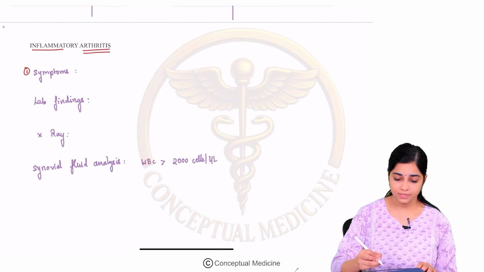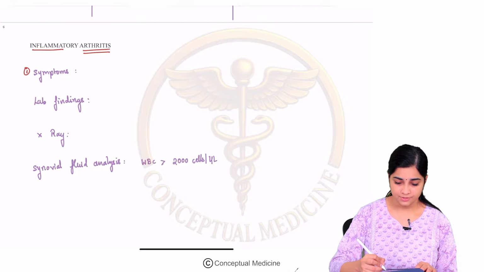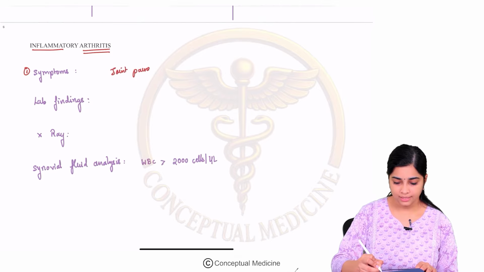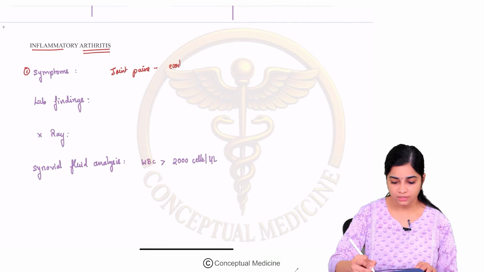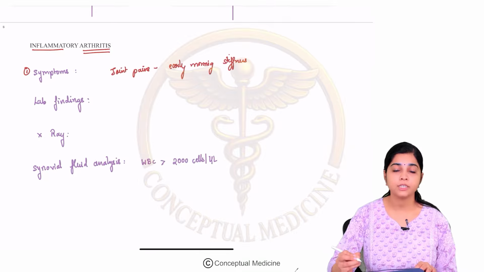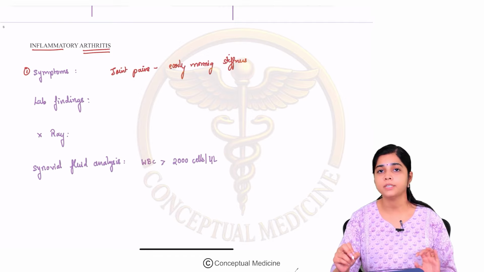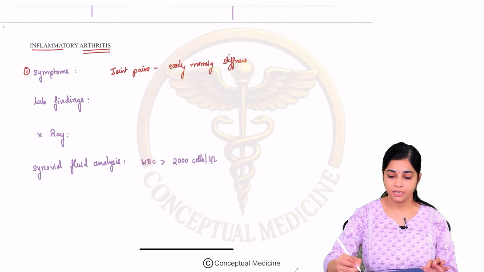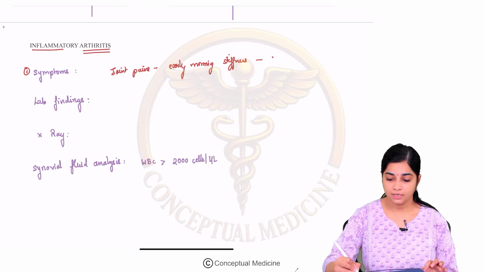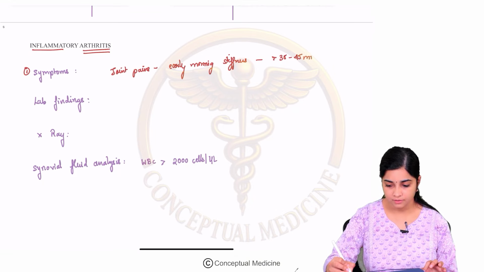Inflammatory arthritis has certain characteristic features. The joint pains predominantly have an early morning stiffness. Early morning stiffness is a very important point that you will have to ask for in the history. This stiffness lasts for more than 35 to 45 minutes.